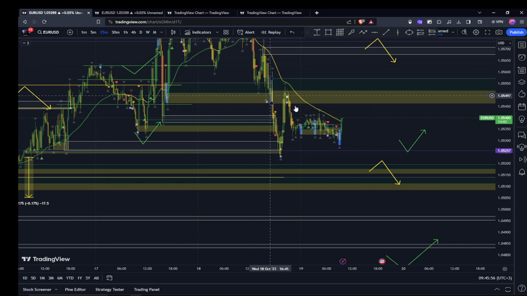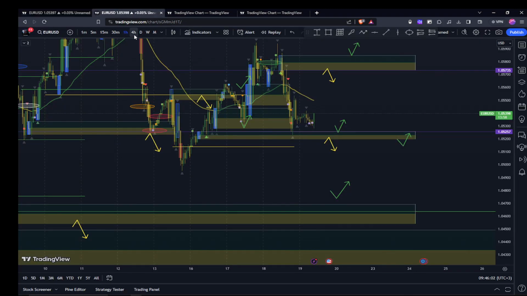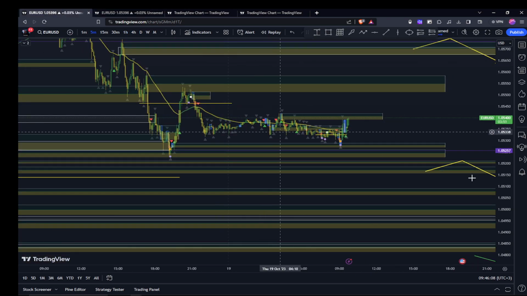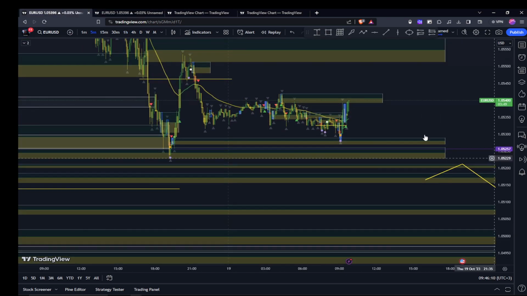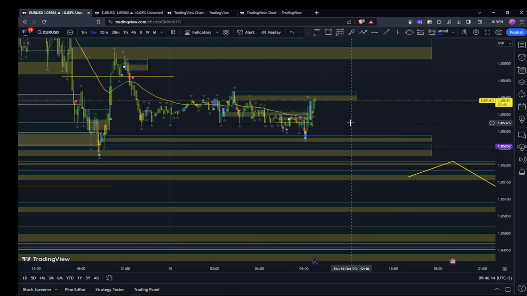Now I look at the bias that was on the higher time frames, the 1 hour, 4 hour, daily, and the daily is still bullish. So for me to look for sales is quite inconvenient for my setup.